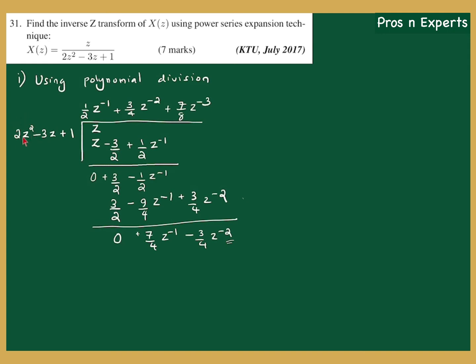You have to check whether 2z square into 7 by 8 z inverse 3 will give you exact 7 by 4 z inverse. It will give, right? So it will be 7 by 4 z square into z inverse 3 is z inverse. So again, some other terms also will come.